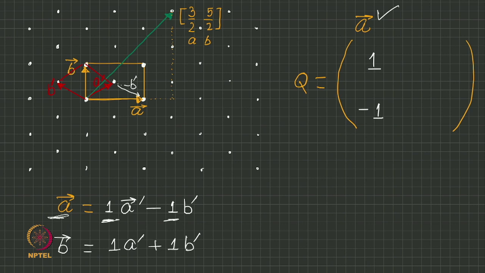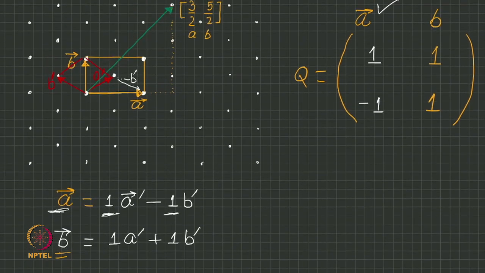If you just add A prime and B prime, you get the vector B. So, B is 1 A prime plus 1 B prime, which means by my algorithm the second column of this matrix is the components of B with respect to A prime, B prime. So, it is simply 1 and 1. So, I have set up the Q matrix.